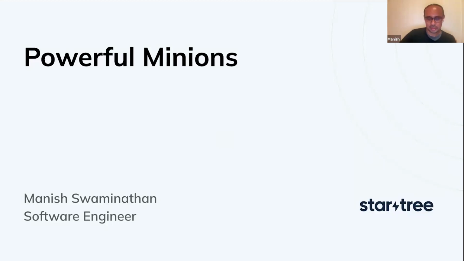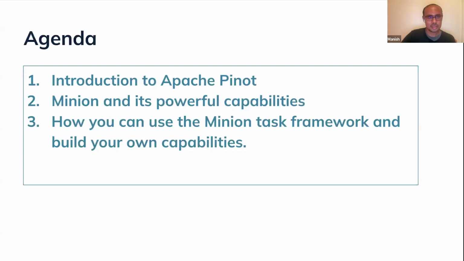So let's get started. Today is a very broad agenda. One is a very brief introduction to Pinot for folks who are not familiar with it. The second part is I'll be talking about what Minions are and what kind of things you can do with them, the capabilities you can have. If you're wondering, the yellow guys, that's not the Minion here.